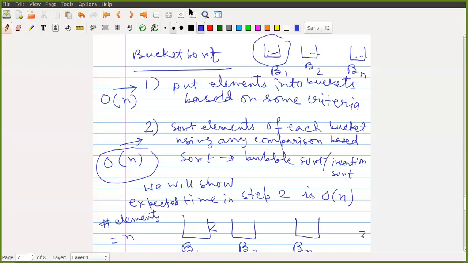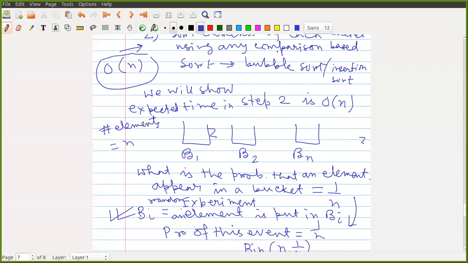Hello, is there any doubt? Yeah, there are some. Hello, hello. Is it okay to everybody, how we are doing this bucket sort and how we are analyzing it?